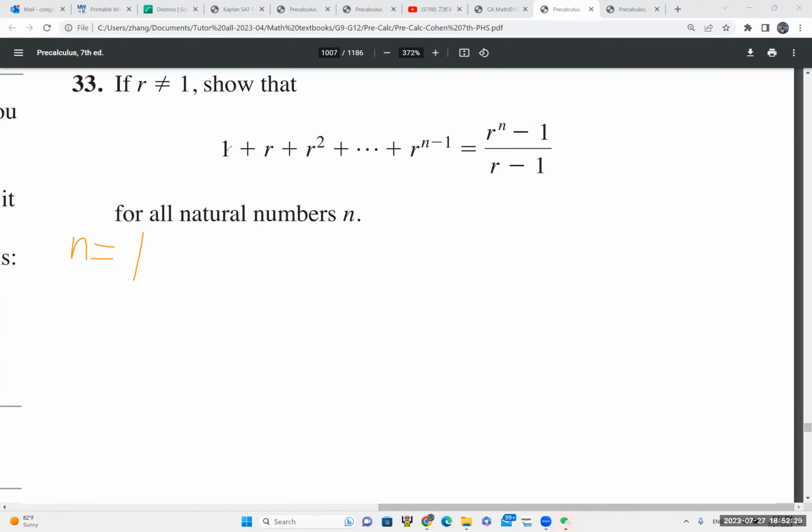I suppose it means how many terms, right? Here n should be for all natural numbers. n can be 1. If n is 1, so n minus 1 is just 0. Then it means there is just one term. If we call this S, the sum of n terms, right, and n is 1, S1 is just equal to 1.